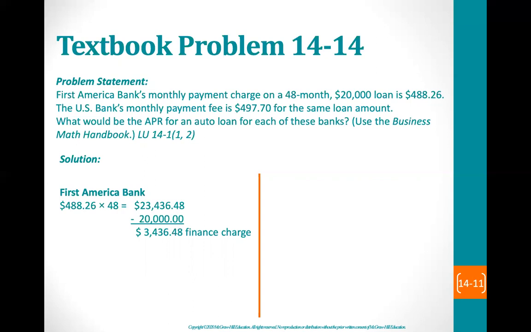To calculate our interest rate on that loan, we take the $3,436.48 and divide it by the amount financed of $20,000. Multiply that times 100 to give us 17.1824.